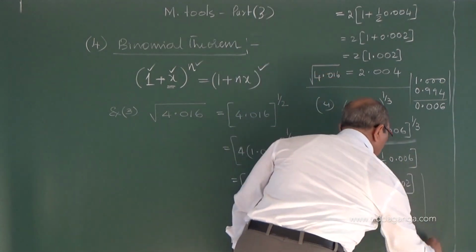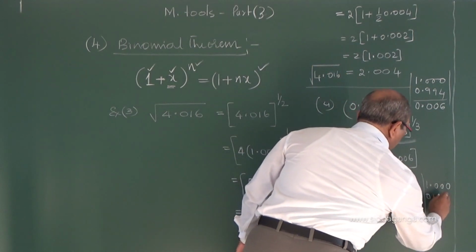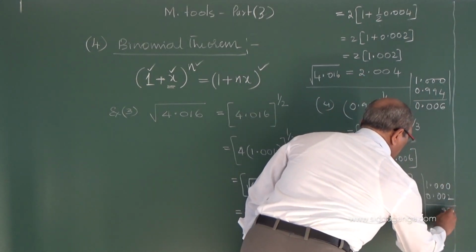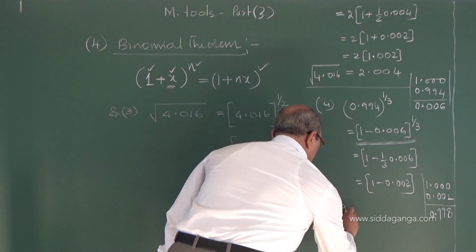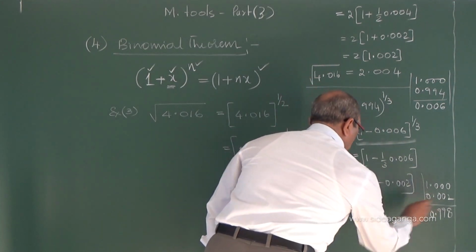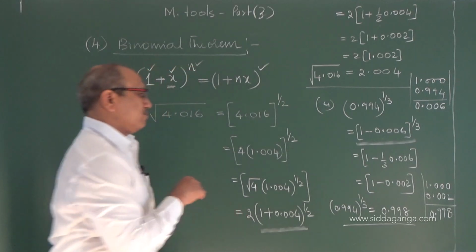So do that job, subtract from that 0.002. If you subtract, 10 minus 2 is 8, 0.998. Therefore, I can say 0.994 to the power of 1 by 3, the cube root, is equal to 0.998, which is the answer.